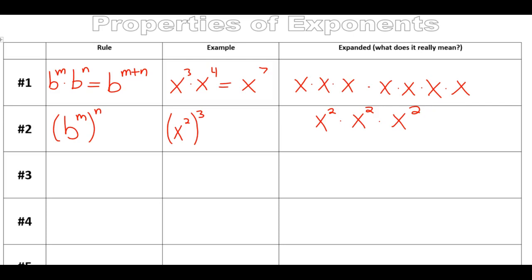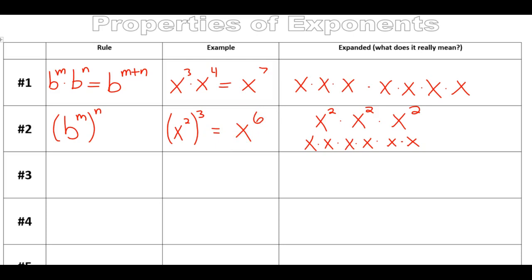And now we're back to step 1, because what is x squared? Just x times x. So it's x times x times x times x times x times x. How many x's are there? 6. So our answer would be x to the 6th power. So what's the shortcut that we can use?